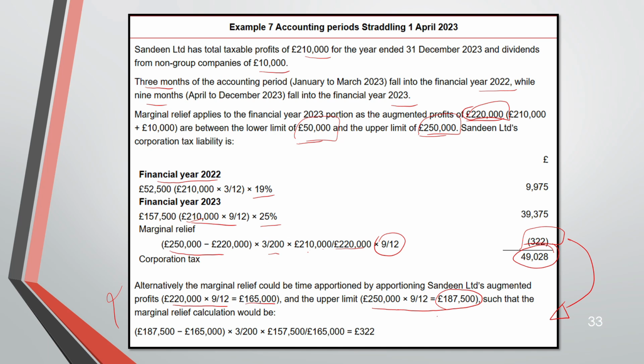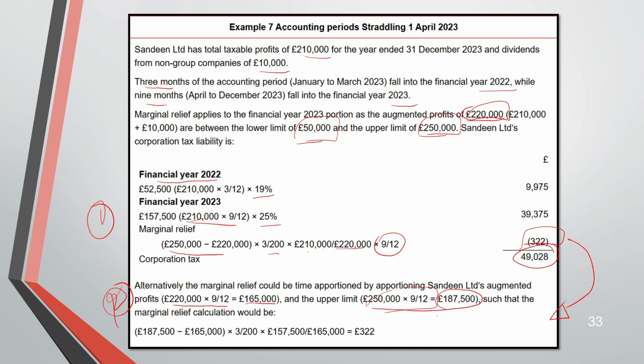When you're taking 220, you can't compare it with the apportioned limits. You have to take 50 and 250 only, because in that case you have to apportion the augmented profit also, like here in the alternate way. You apportion the augmented profit for 9 months, then upper limit also you take for 9 months, lower limit also you take for 9 months. That's how you're going to get it.